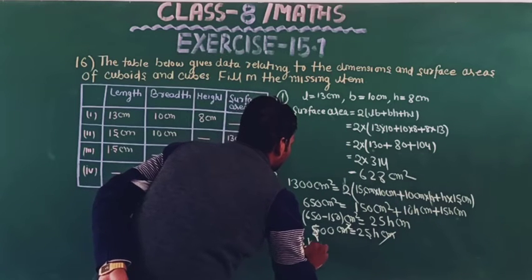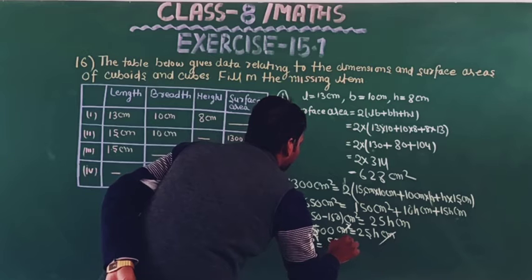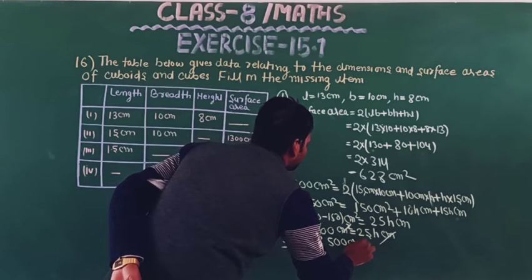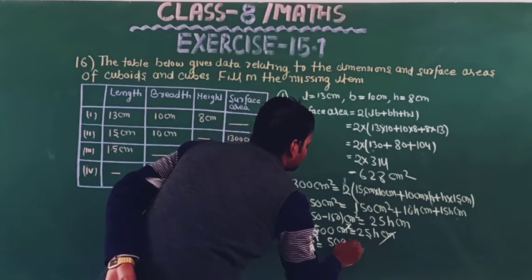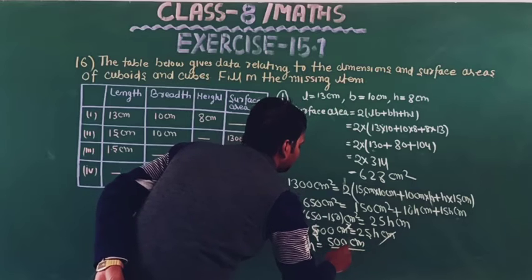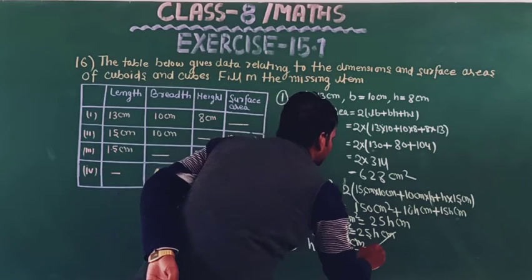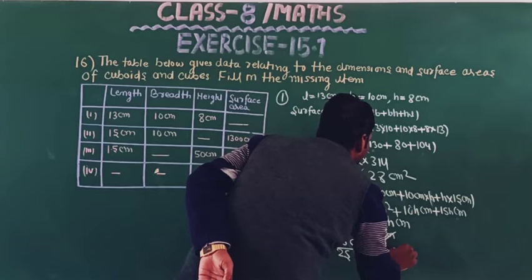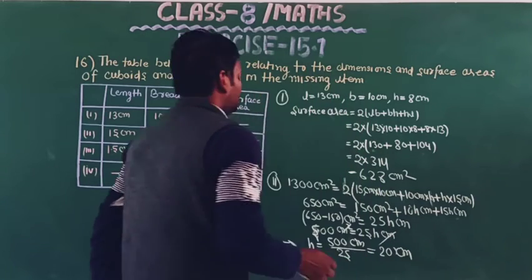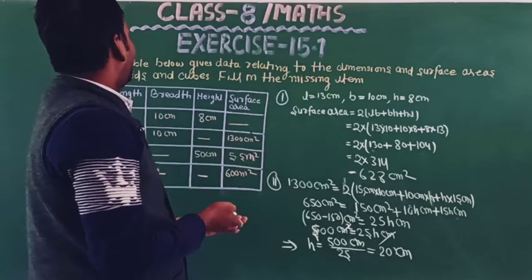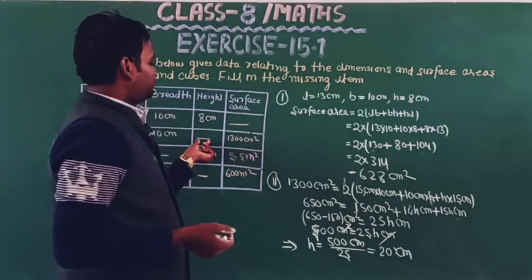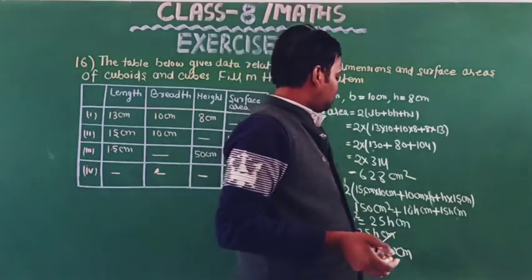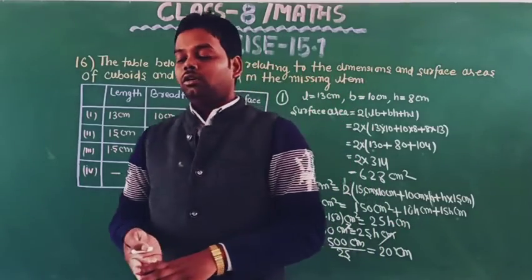Now find the value of H. We need to divide 500 by 25, so we will get the height. The missing height of the cuboid is equal to 20 centimeter.